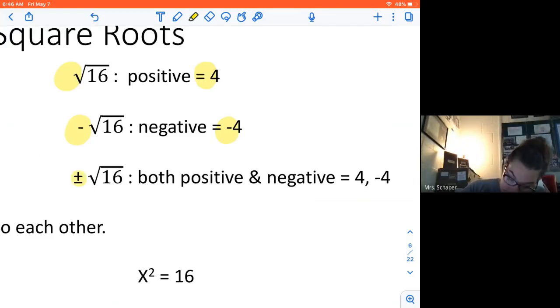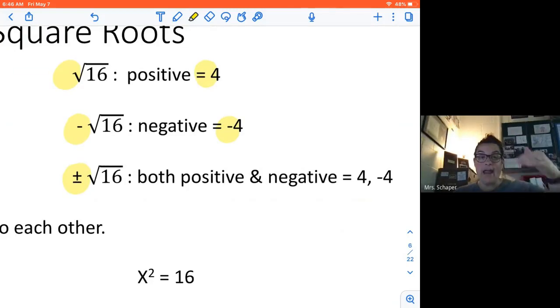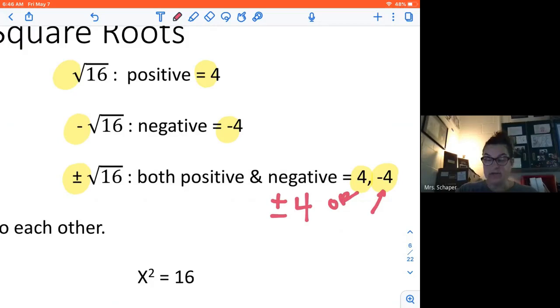And this symbol is called the plus negative symbol. It means we want both the positive and the negative. So we will list both the positive and the negative. Another way that you could write it would be positive, negative 4. That's another way to write that out, and it doesn't matter which way you do it.